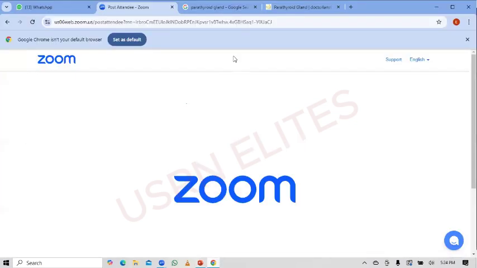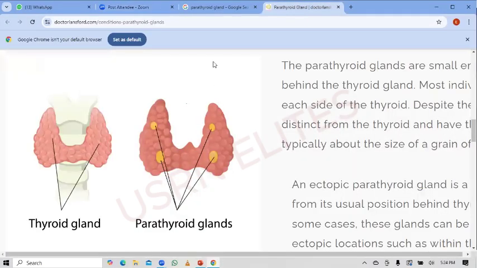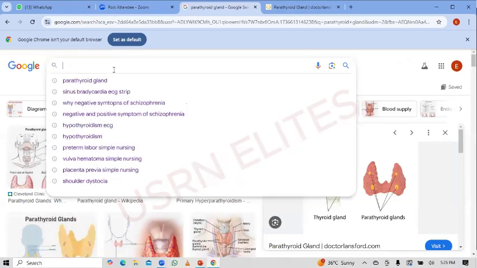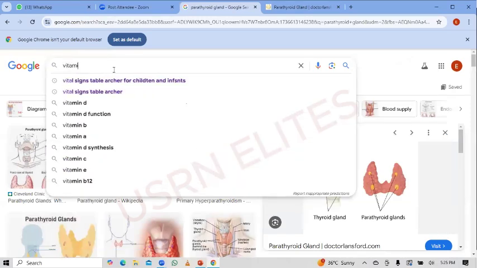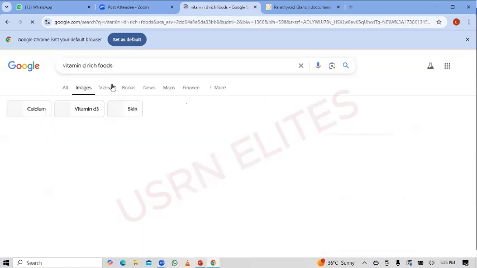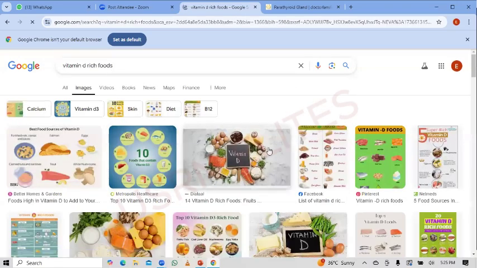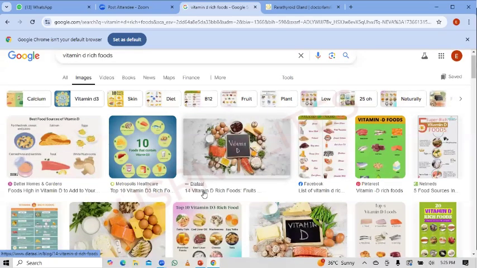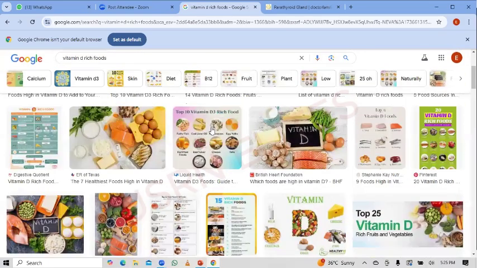Yogurt. Okay, so these are examples of vitamin D rich foods. I think this one is a bit clear.